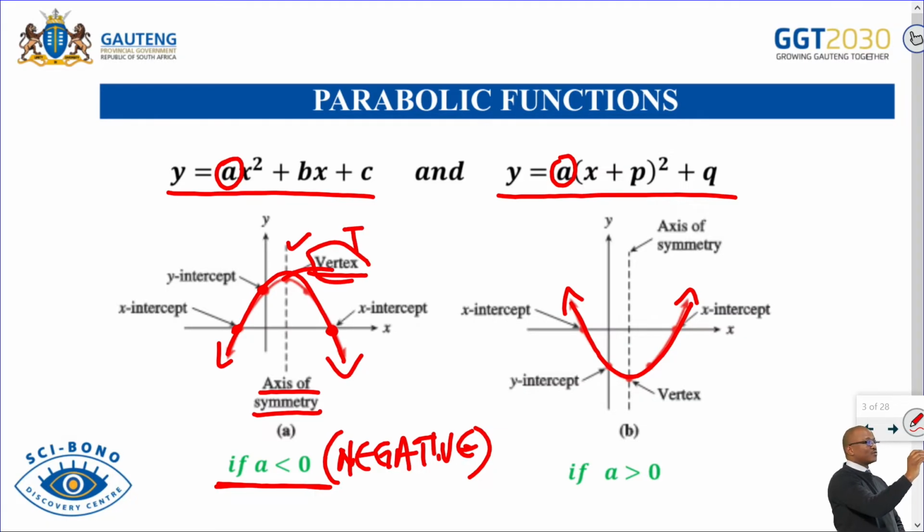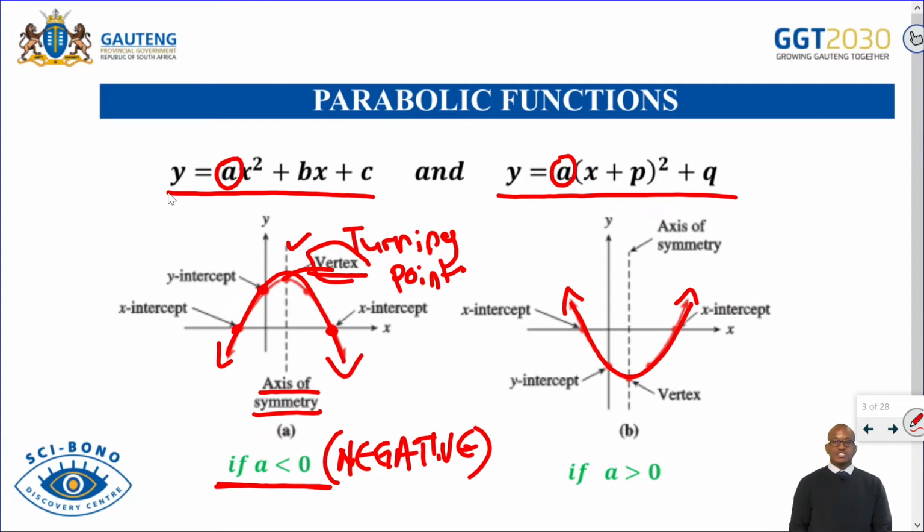The vertex we can also call a turning point. So for you to sketch a graph, you need to have your x-intercepts, your y-intercept, and your turning point, and also indicate your axis of symmetry.